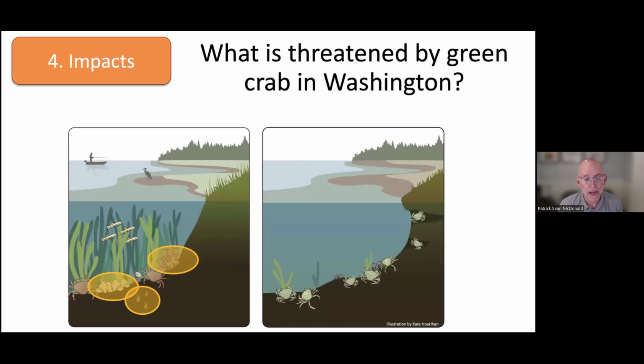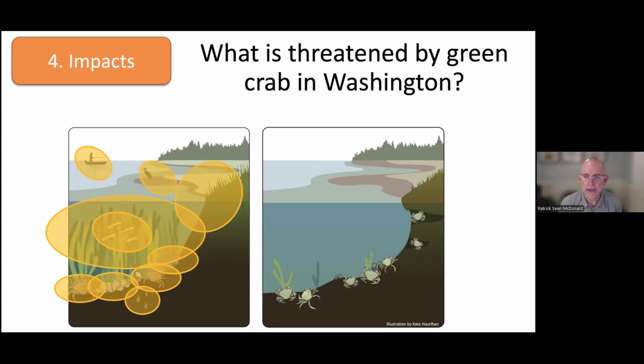We are concerned about the spread of green crab into eelgrass meadows because of the importance of eelgrass meadows to forage fish and salmon. And then, of course, we're also worried about what they might do within marsh habitats as they become much more abundant. So those are our primary areas of concern.